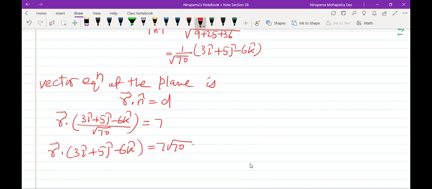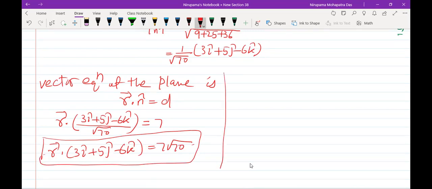Okay, so this is in case you are given the equation in vector form. Here the working rule is: suppose the question is like this, you are given r vector dot n vector equal to d.